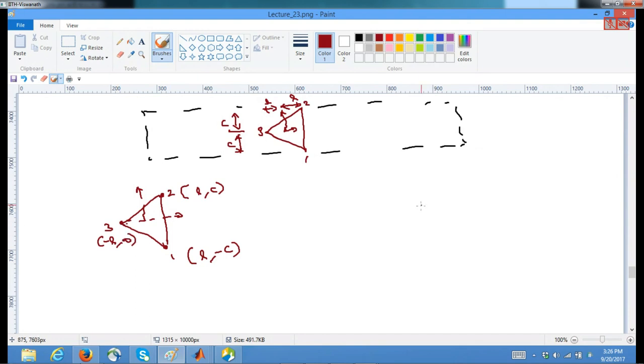Now let's have this as an element. We'll come back to that. Now let's subject this beam to pure bending.